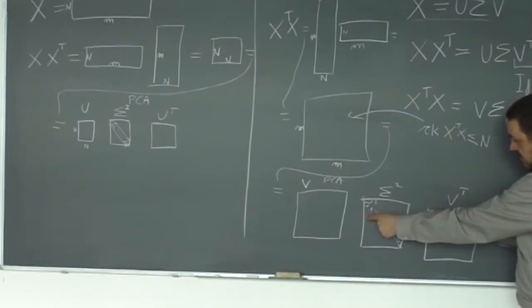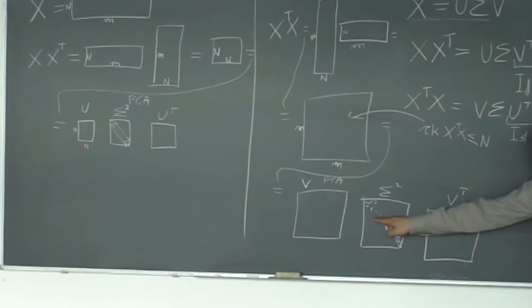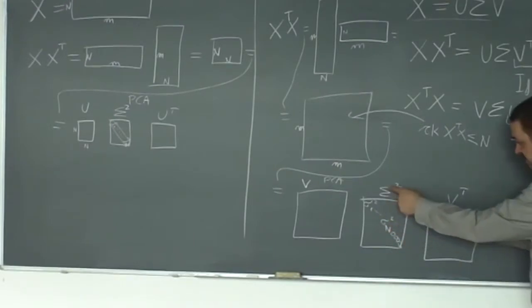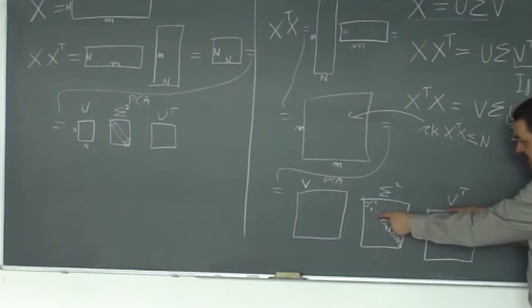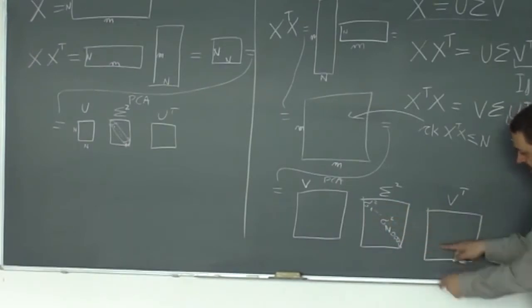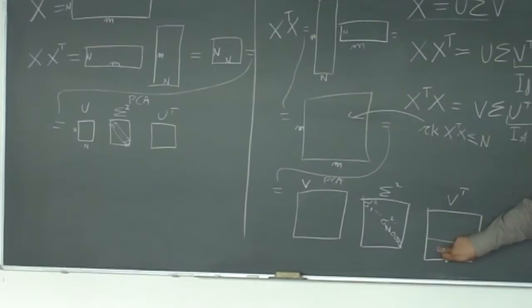The second row of V transpose is multiplied by sigma 2. The nth row of V transpose is multiplied by sigma n. The rows of V transpose that are below the nth row are always multiplied by 0. So these zeros actually make the bottom part of V transpose insignificant. It has no meaning.